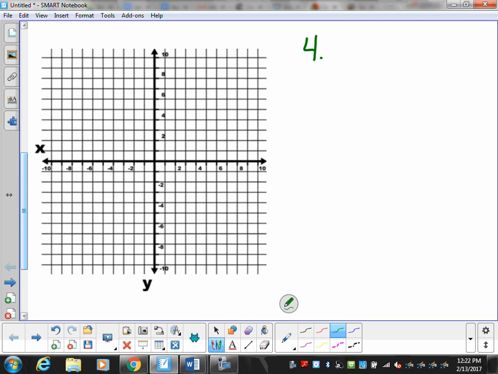Still looking for the spot that's graphed in both equations, or shaded in both equations. Is that a minus or? It's a negative x.